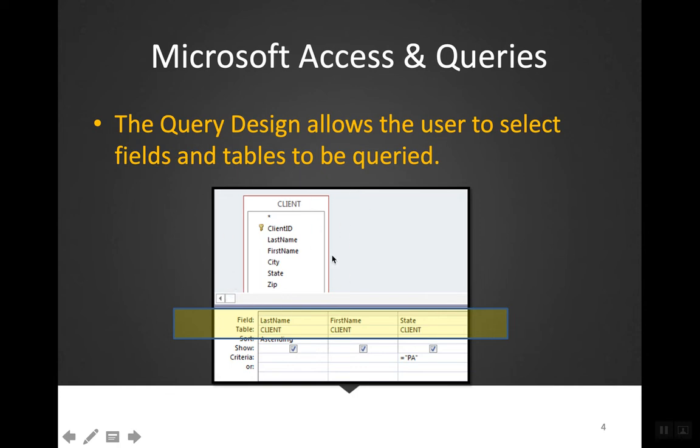So the structure of a query: you have the table area up top. This is an area where we can have one or many tables, and define what the connections are between the tables. Below that, we have this grid. The grid is where we select what fields we want to see or process, the table they're from, and whether we want to sort anything into sequence, ascending or descending.